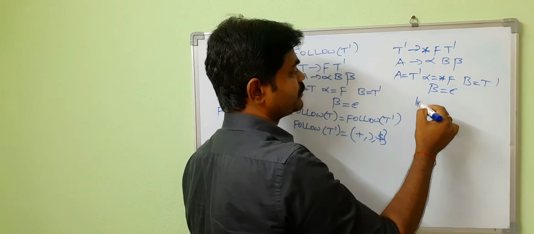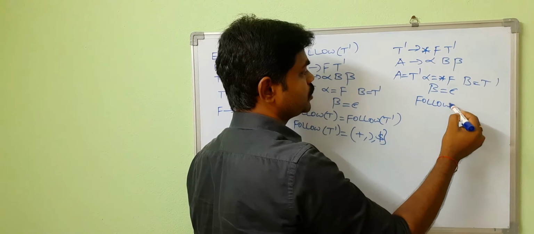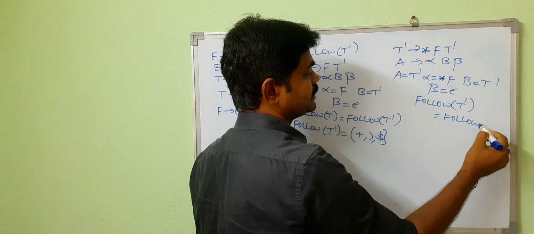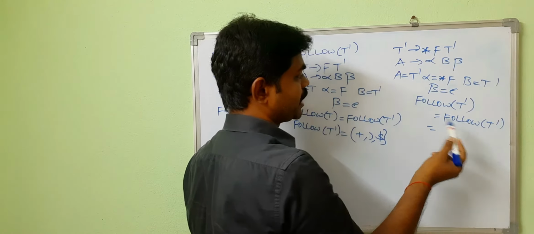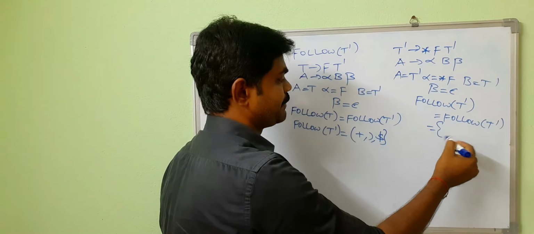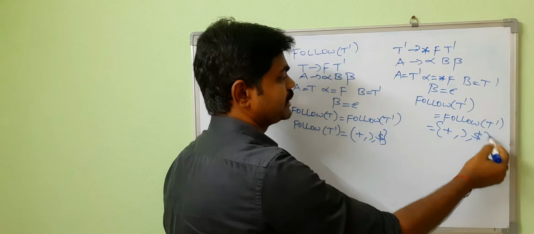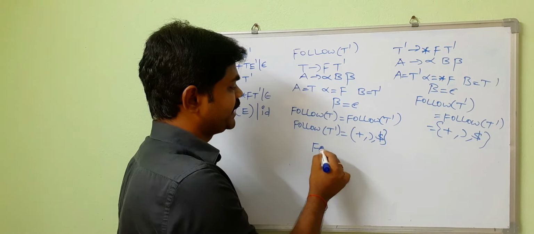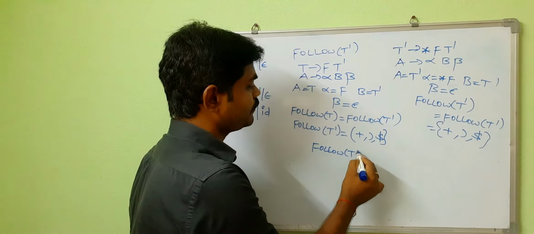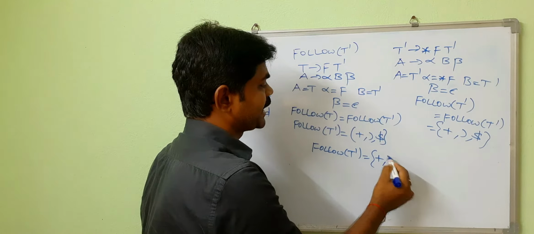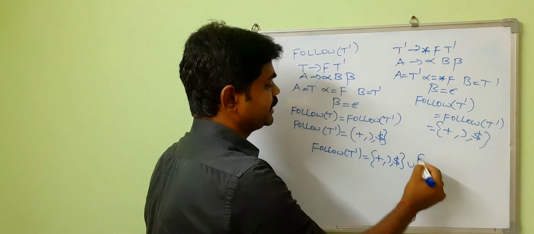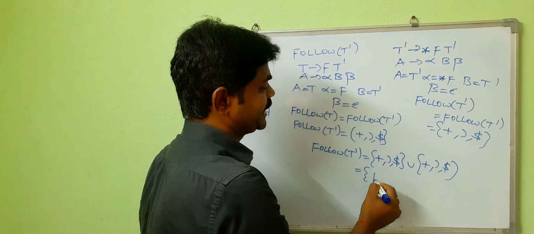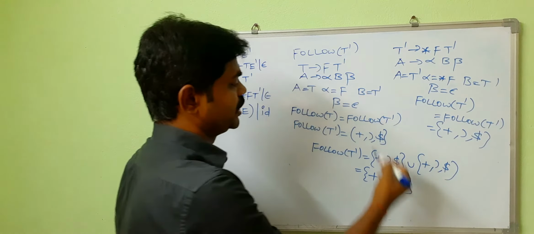So follow of A equal to follow of B, so follow of T dash equal to follow of T dash again. We already got follow of T dash, that is plus right parenthesis comma dollar. So we got two answers here. We should union, right? So follow of T dash equal to plus right parenthesis dollar union plus right parenthesis dollar, which is the same. So finally we get plus right parenthesis dollar.